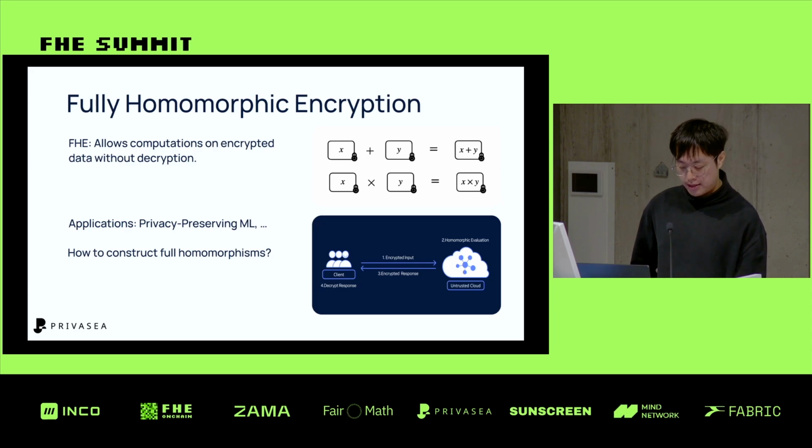Here is a typical FHE client-server model that can be used for delegated computation. For example, the client may have some sensitive data, maybe medical data, financial data, or even government data. The client encrypts it using fully homomorphic encryption and uploads it to the server, which processes the data in ciphertext state and returns a ciphertext result.